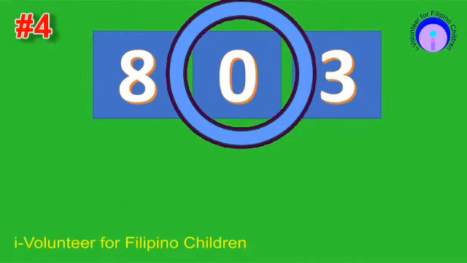Item number 4. What is the place value of this digit? Digit 0 is in the tens place.